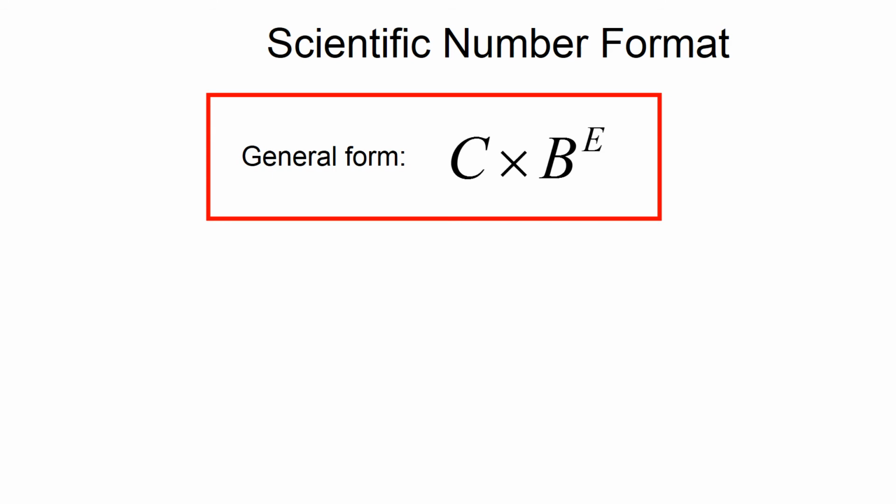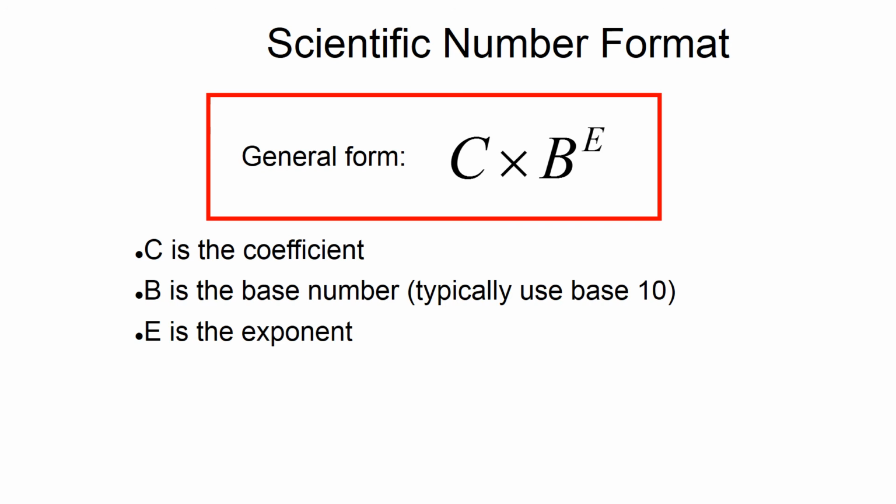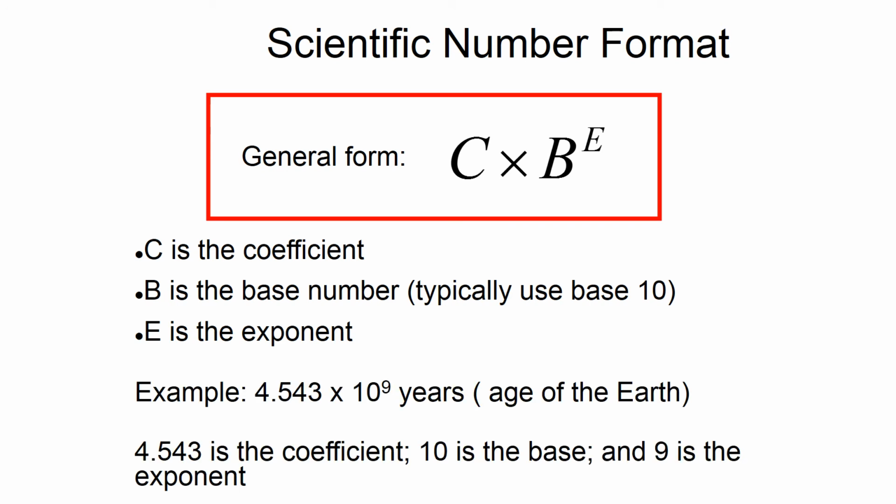Then you have some base, B, which is usually 10, because we like to count in base 10, we have 10 fingers. Some societies used to have base 12, because they counted on their knuckles. And then E is the exponent, so that's the power or the order of magnitude.